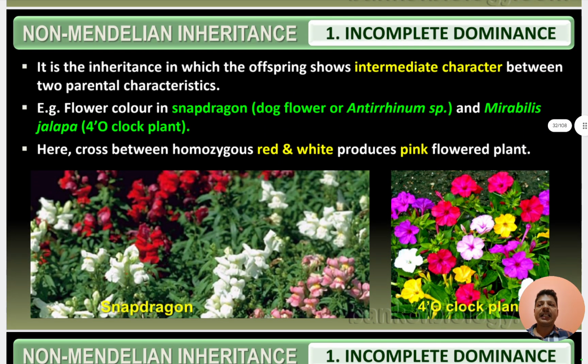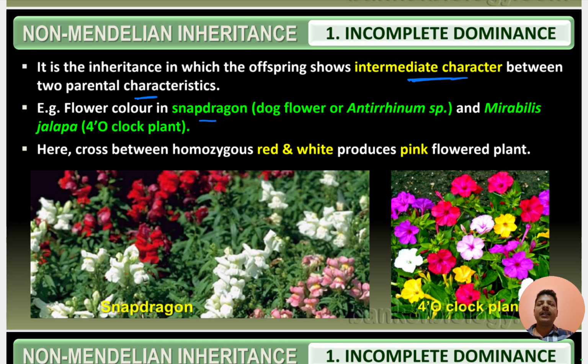First of all, incomplete dominance. It is the inheritance in which the offspring show a character intermediate between the two parental characteristics. Means, the parents' colors will be different and the hybrid color will be different from both the parents.